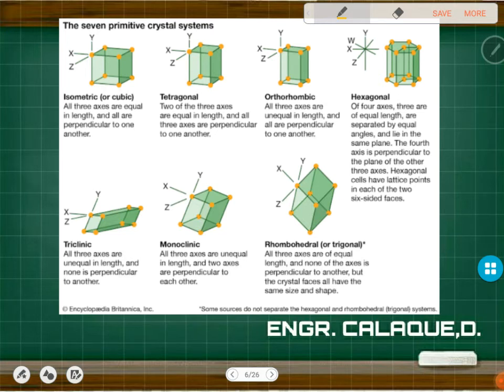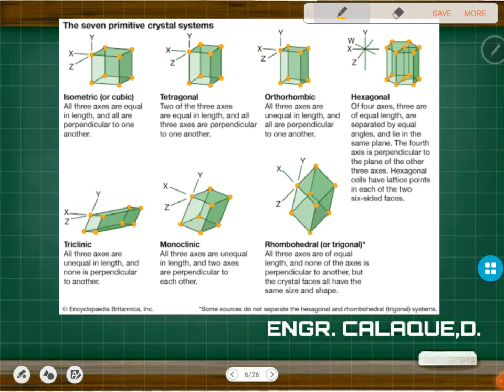We also have the hexagonal. Of 4 axes, 3 of equal length are separated by angles and lie in the same plane. It looks like this. And the 4th axis is perpendicular to the plane of the other 3 axes. Hexagonal cells have lattice points in each of the 2 6-sided faces. The triclinic: all 3 axes are unequal in length and none is perpendicular to one another, so it is slightly inclined.